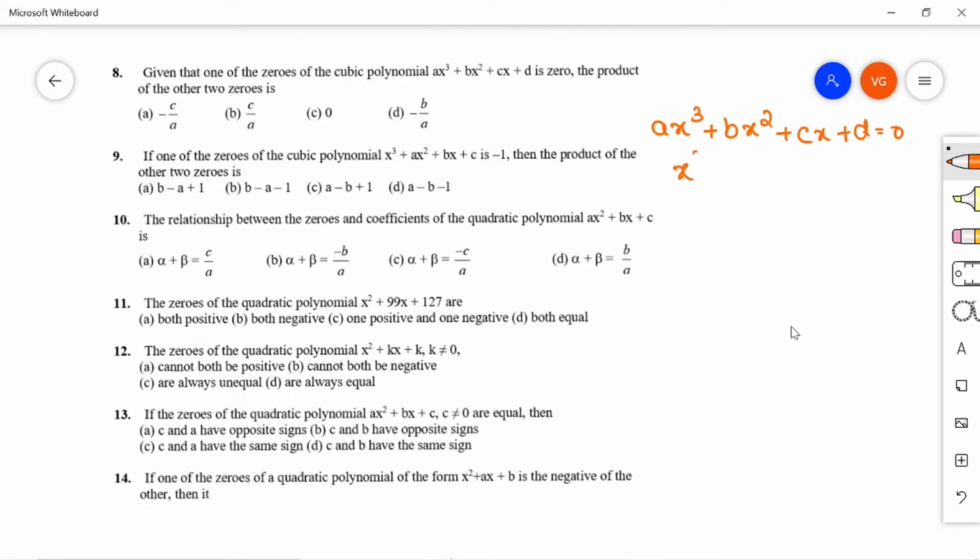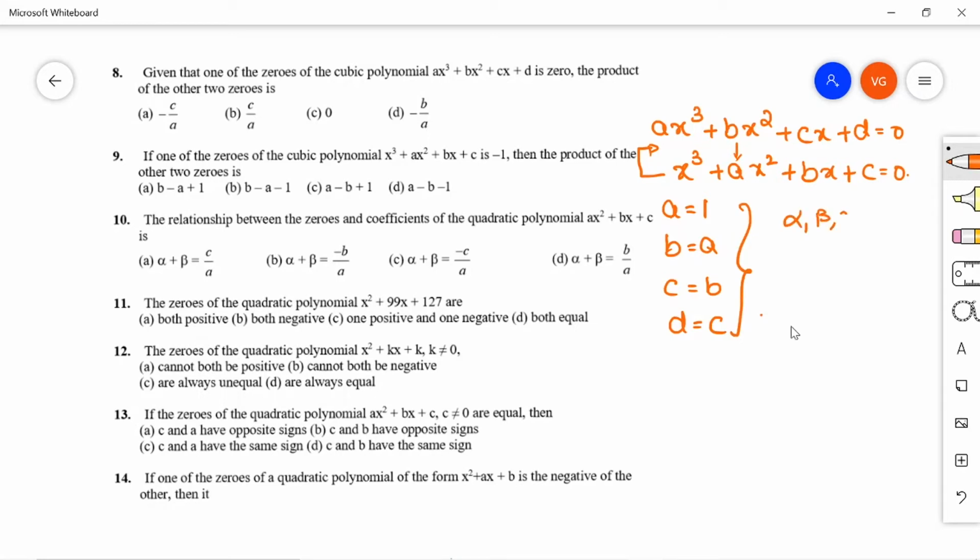But the given equation is x cube plus ax square plus bx plus c is equal to 0. Upon comparing with the standard form, we get a is equal to 1, b is equal to a here, c is equal to b, and d is equal to c. A bit confusing. Then let us say alpha, beta, gamma are the roots of this cubic polynomial, and you are given that one of the zeros is minus 1.